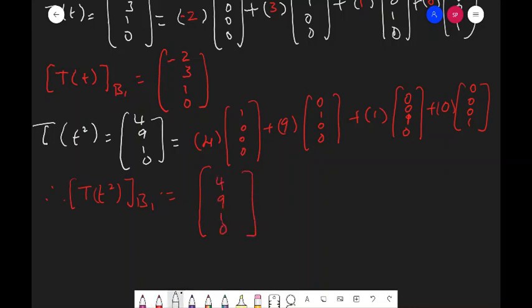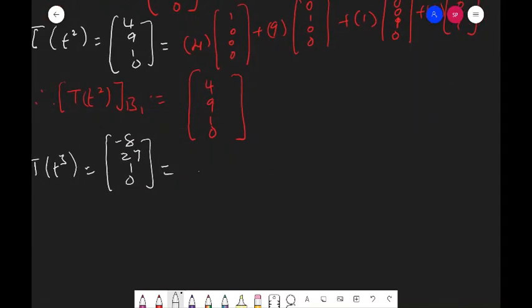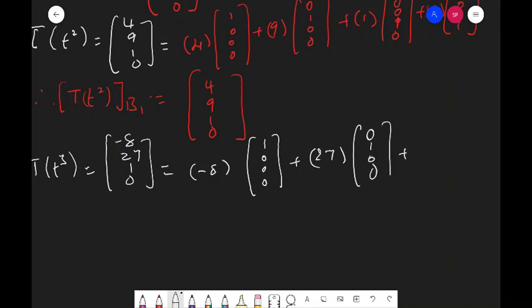And the last one, T of t cube is equal to minus 8, 27, 1, 0, which I can write as minus 8 into 1000 plus 27 into 0100 plus 1 into 0010 plus 0 into 0001.